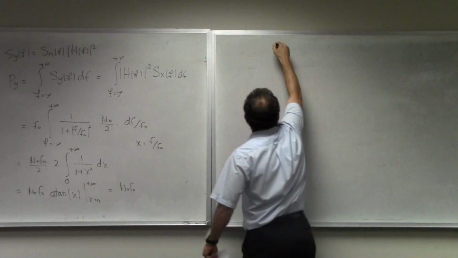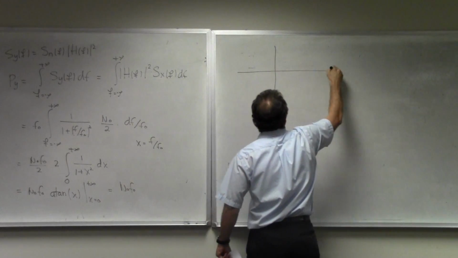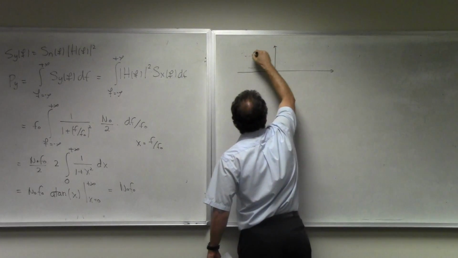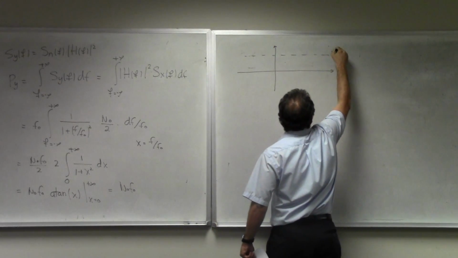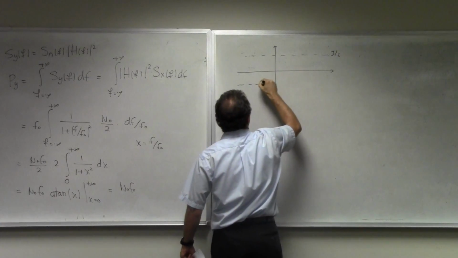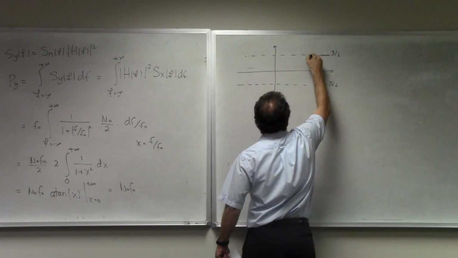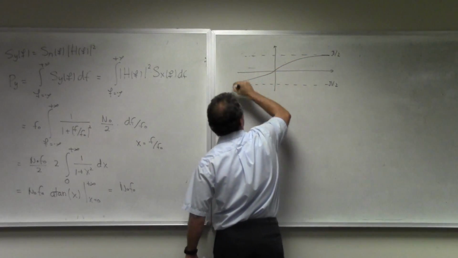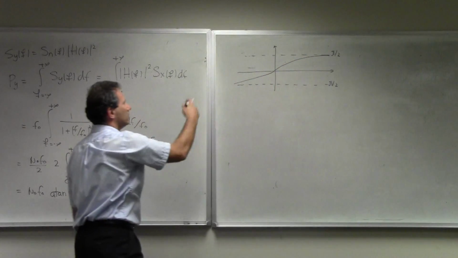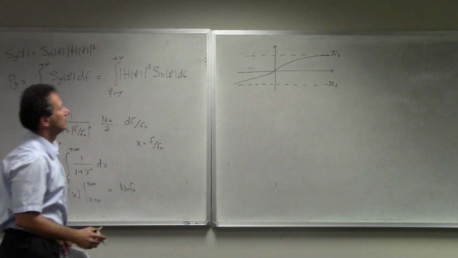So here's how the arctangent looks. There's a pi over 2, and there's a minus pi over 2, and this is how it looks. A little bit better, you can imagine my drawing this.